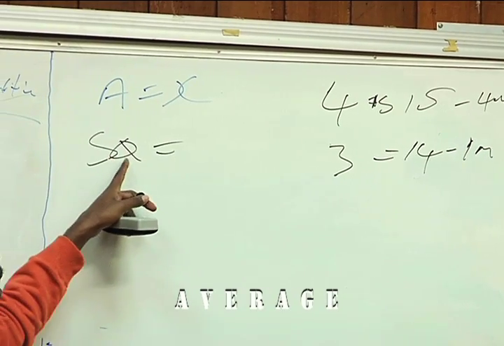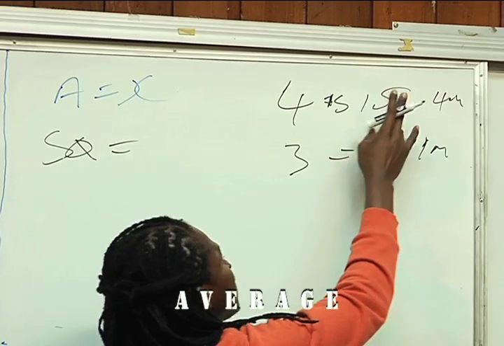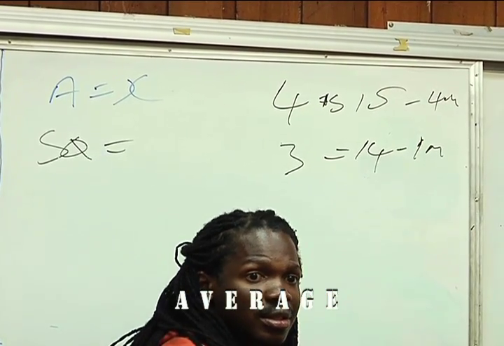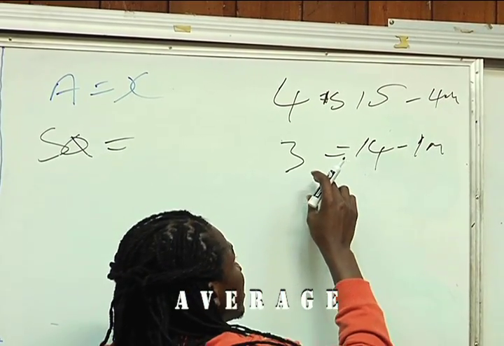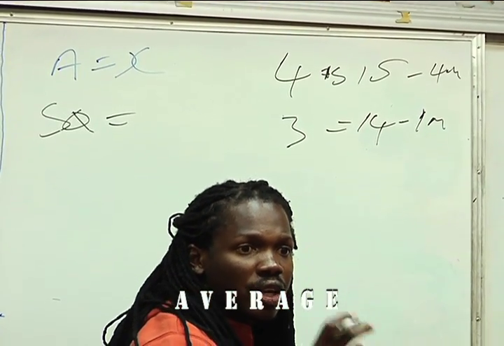So the sum of quantities must come from multiplying 15 years 4 months by 4, and 14 years 9 months by 3. Not true?